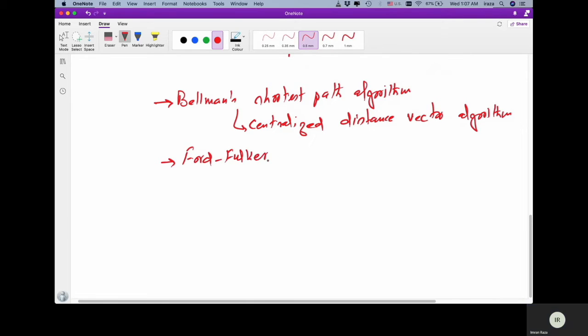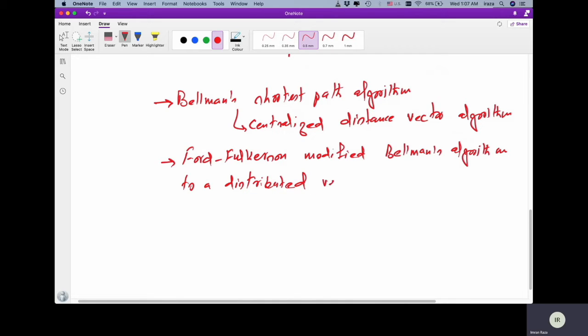Fulkerson in 1962 modified the originally proposed algorithm by Bellman to a distributed version.